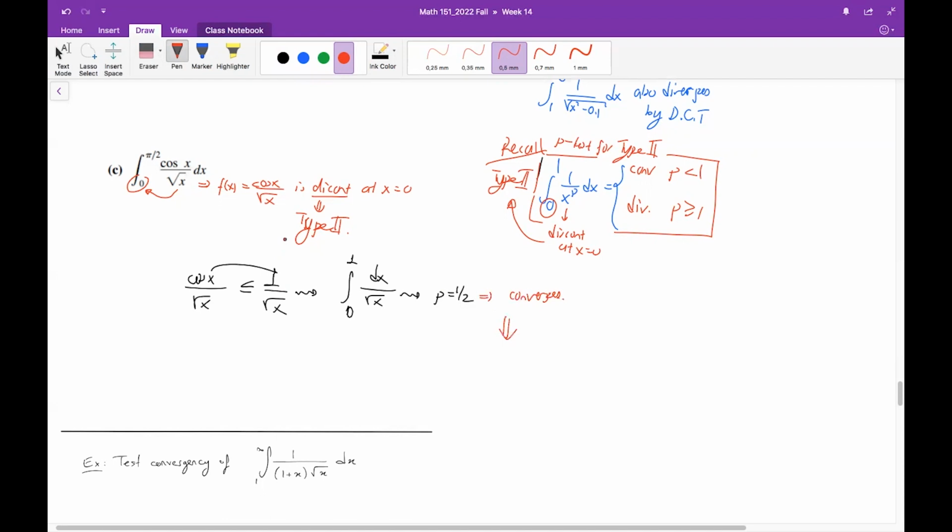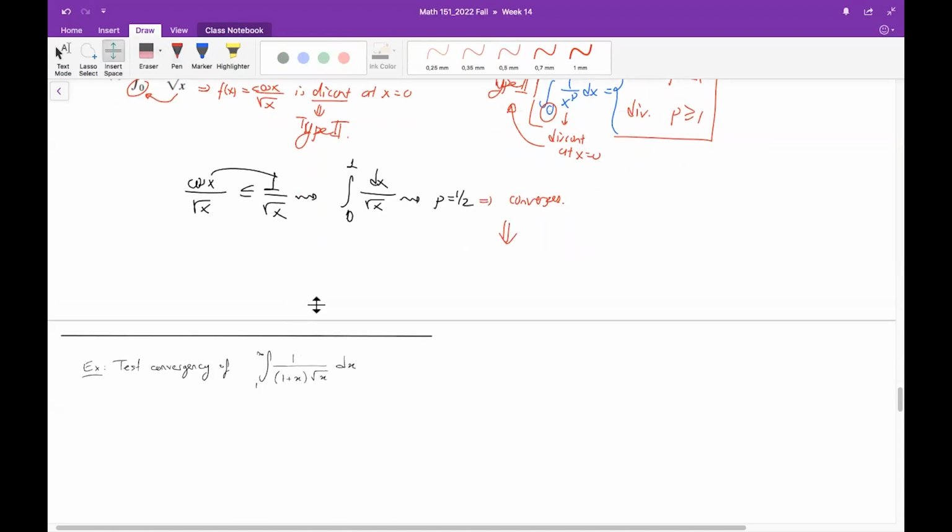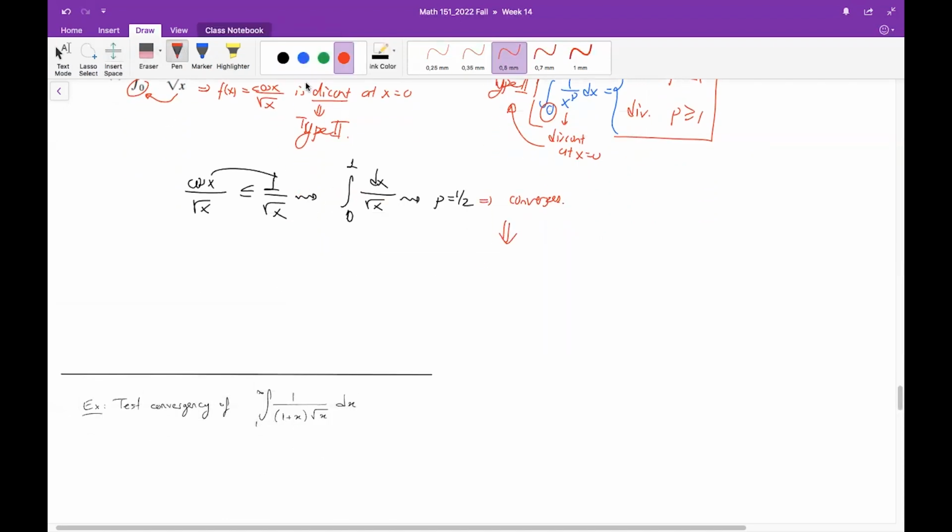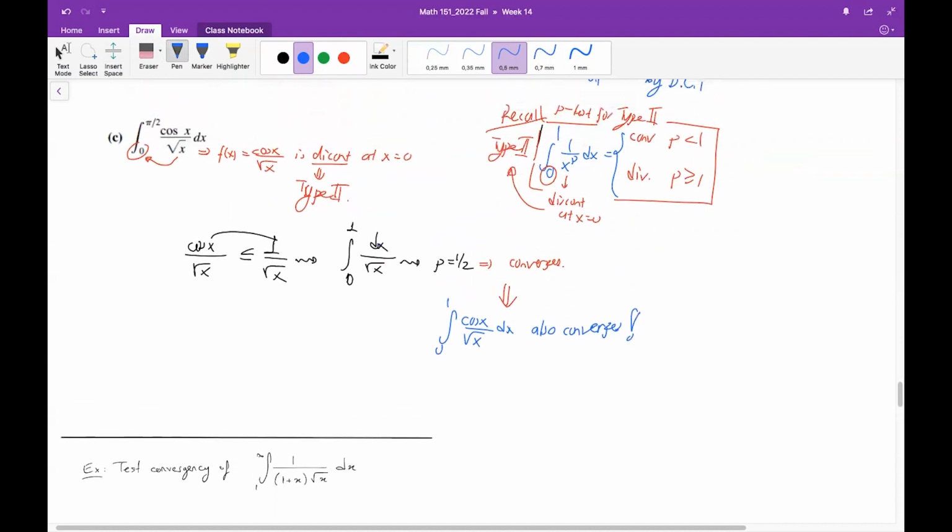Then, as the improper integral with the bigger terms converges, you can directly conclude that the improper integral with the smaller terms will also be convergent, okay? The integral from 0 to 1 also converges. And then you can easily add some more interval to your integration because this discontinuity point is away from the interval from 1 to pi over 2.